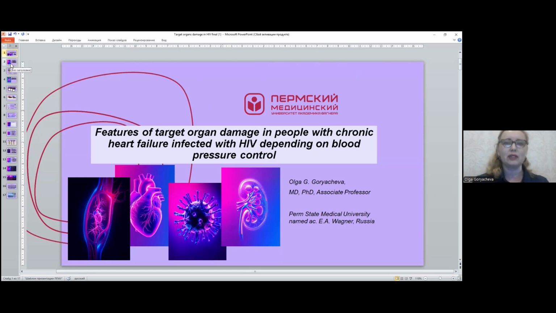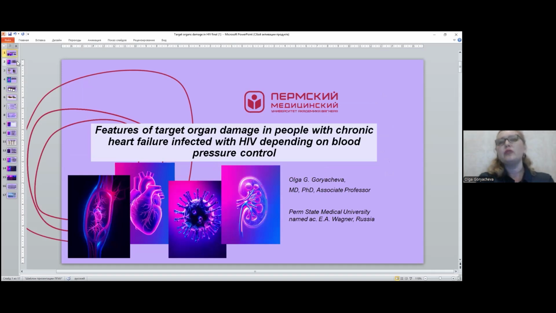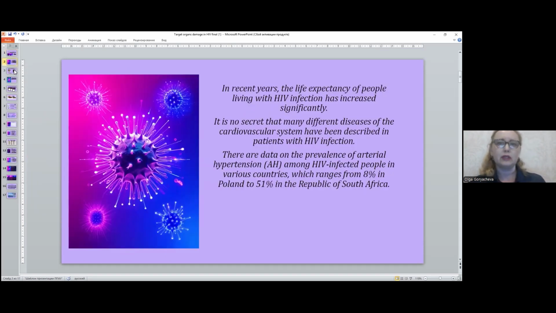My work is dedicated to investigation of features of target organ damage in people with chronic heart failure infected with HIV virus, depending on blood pressure control. And of course, it is a little fragment of my work in our university.